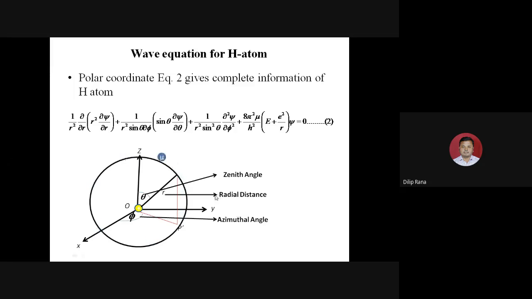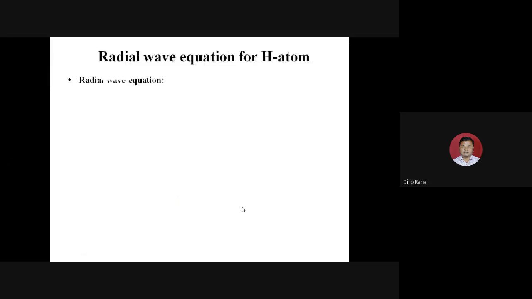Now we have to determine the equation in terms of the radial and the equation in terms of the angular. If we see the equation, it is a combination of all three: r, theta, and phi.